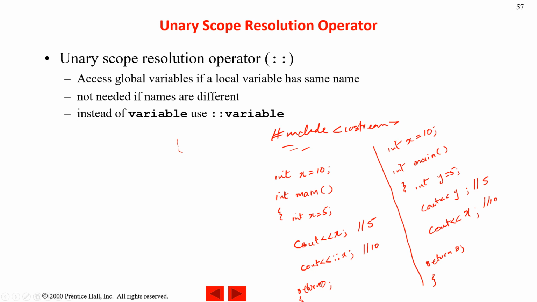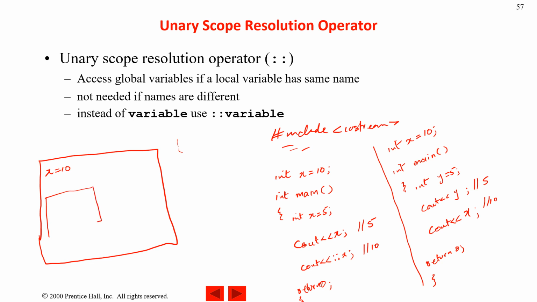So using the figure that I am so fond of using, I have something like this. So here I had x is equal to 10. In the first case in my main I had x is equal to 5.